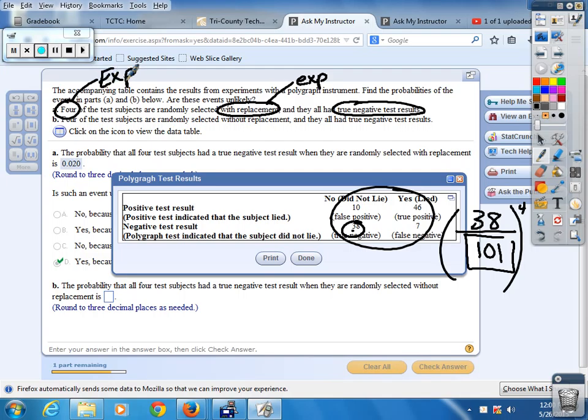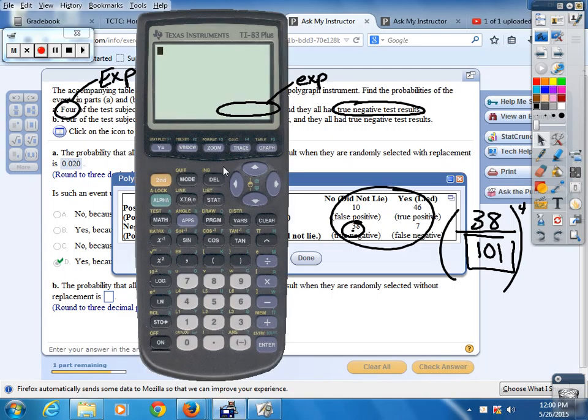So take our handy dandy calculator and we get 38 divided by 101, and we're going to raise that to the 4th power, and I get 0.02.